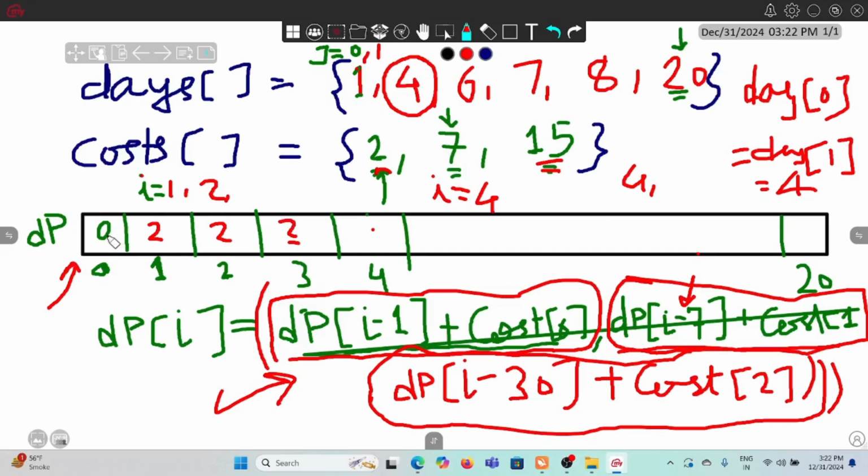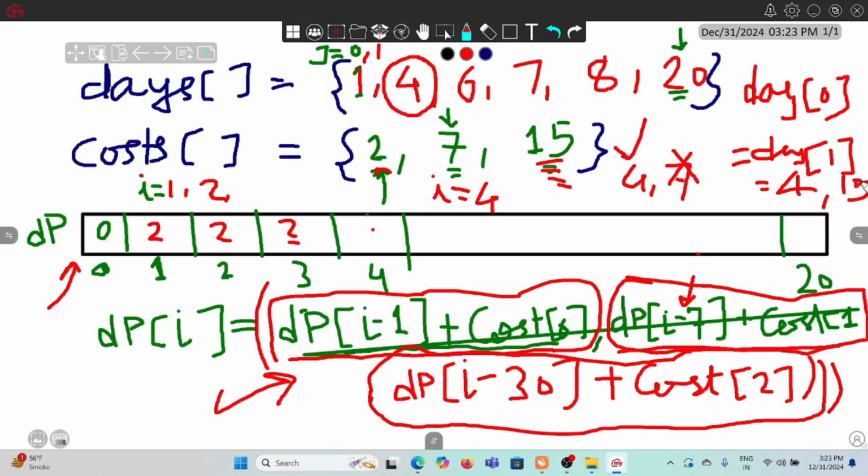At 0 it is 0, so 0 plus 7 is 7, and 4 is smaller because we are finding the smaller value. So 7 we will not pick. Similarly, now for I minus 30, 4 minus 30, again we are going to pick 0. So 0 plus 15, and anyway 4 is smaller, right?